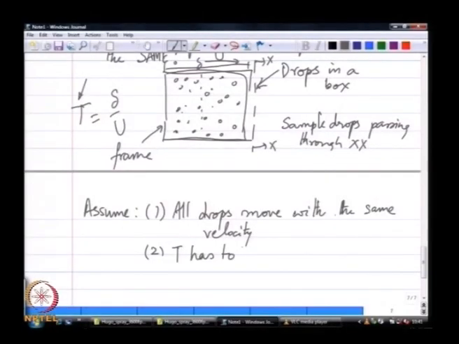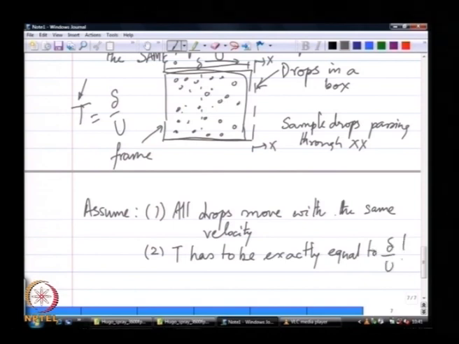So, T has to be exactly equal to delta divided by u. This is not so obvious.